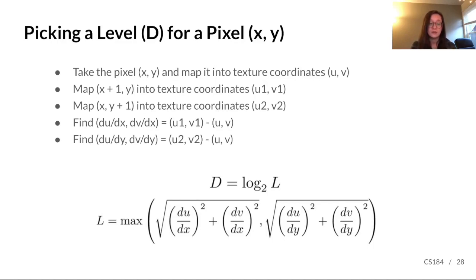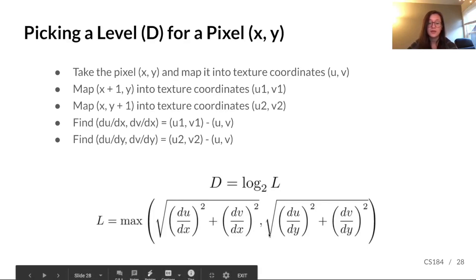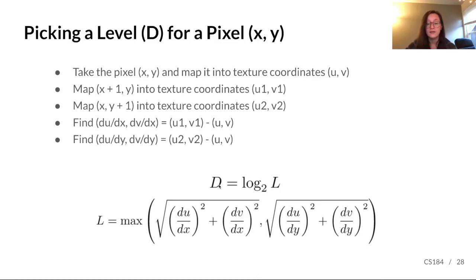We take our neighboring pixel x, y plus 1, map it to our texture coordinates, and then compute the difference between these UV coordinates. Then all we have to do is pass this into this equation here, and D will give us the level of the mipmap that we want to use.